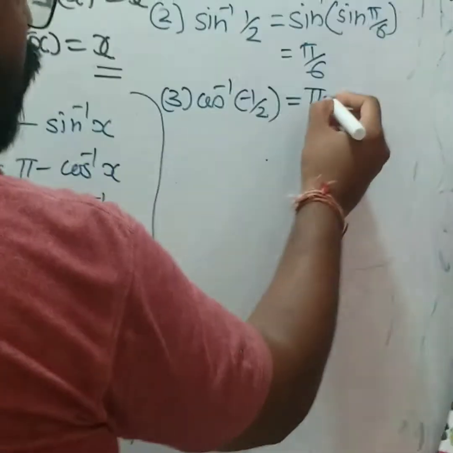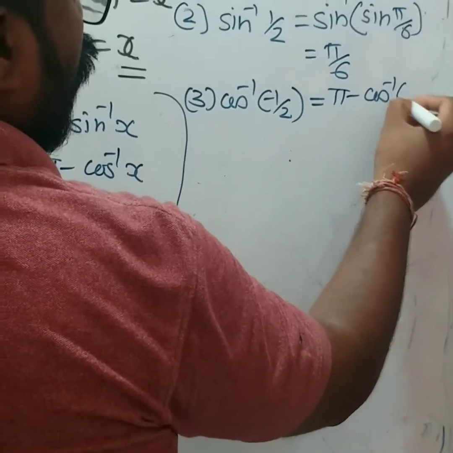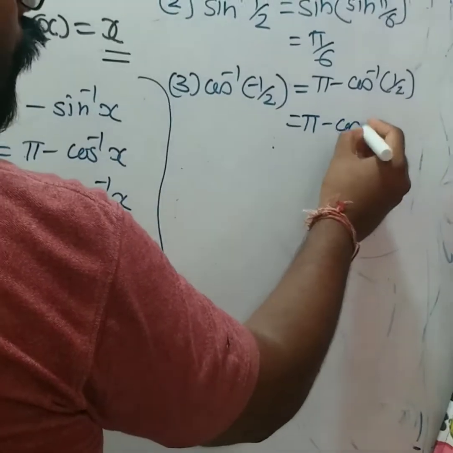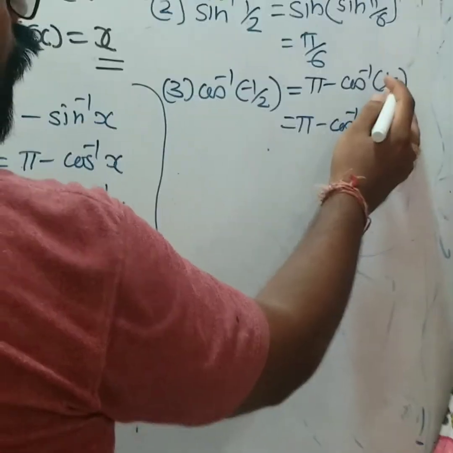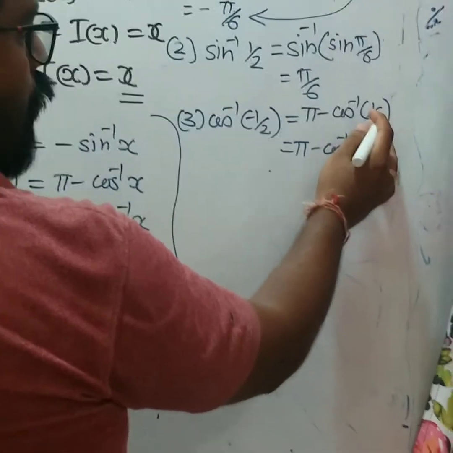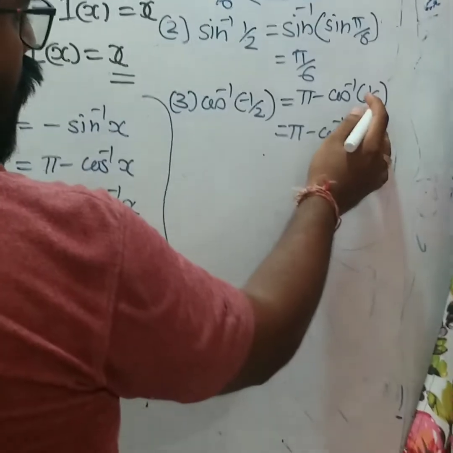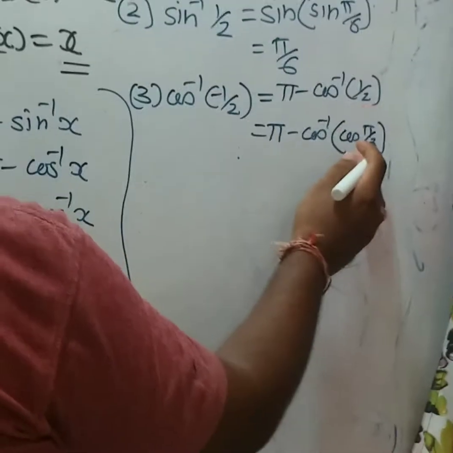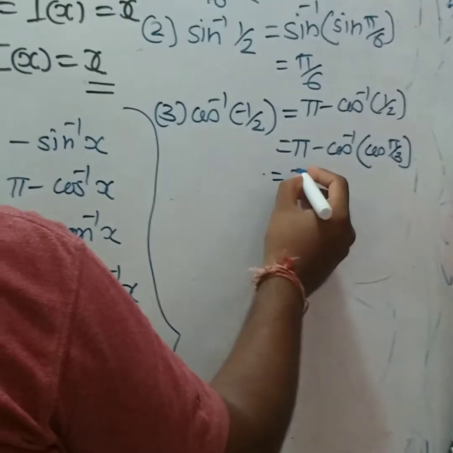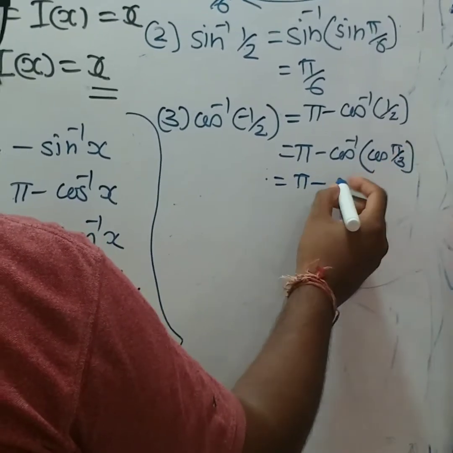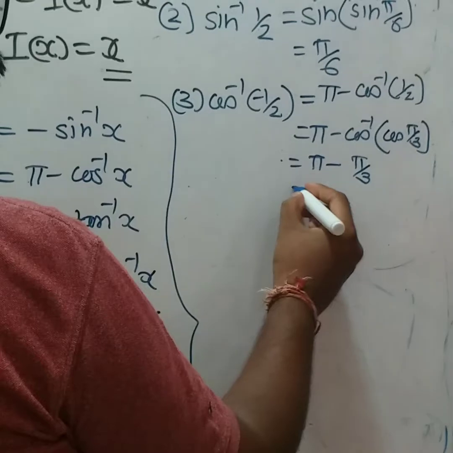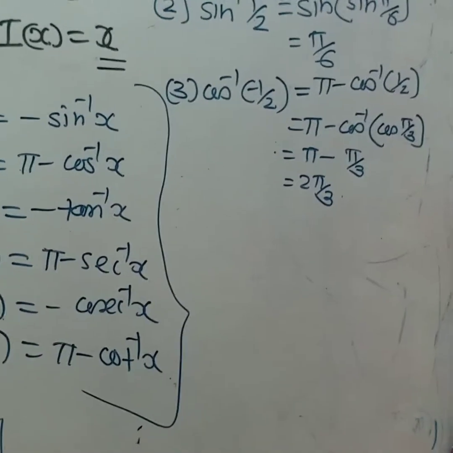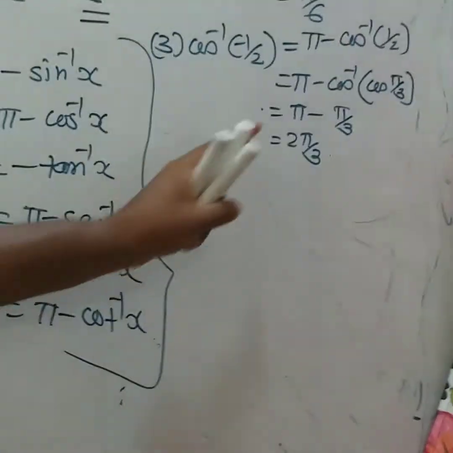So pi minus cos inverse of half, and then for which value does cos give us half? That is cos of pi by 3. Cos of pi by 3 gives us half. So here it is pi minus pi by 3, so the answer is 2 pi by 3. Thus we can compute this value.